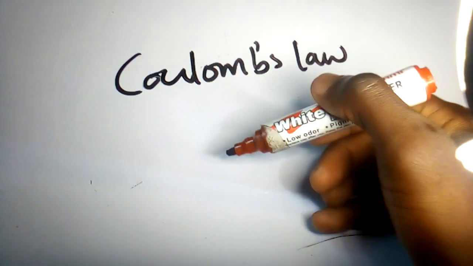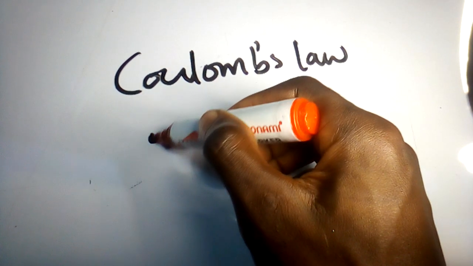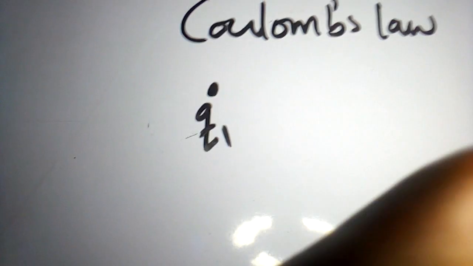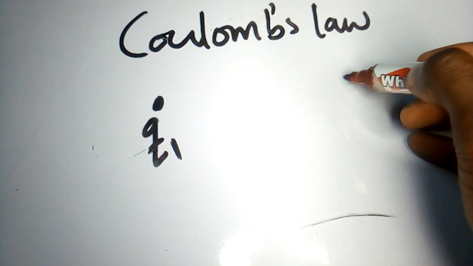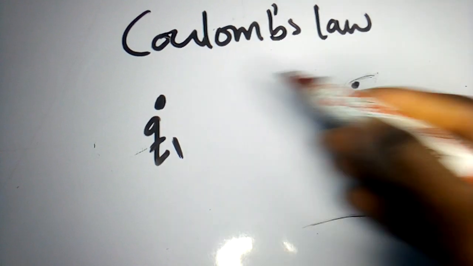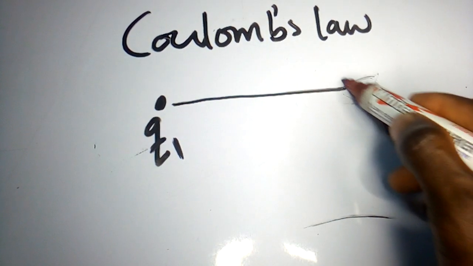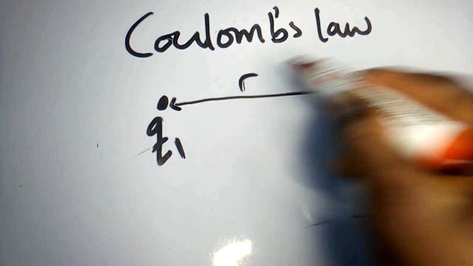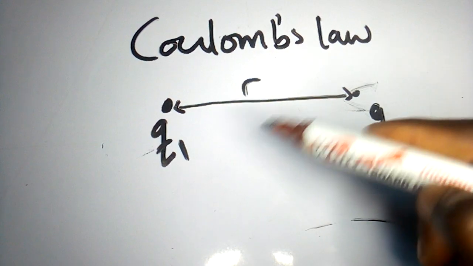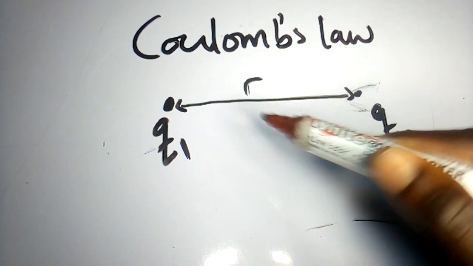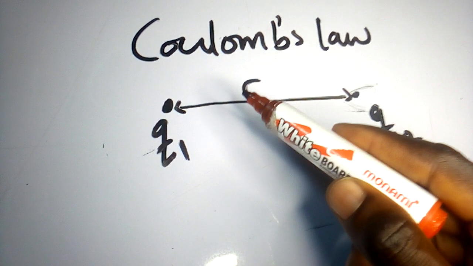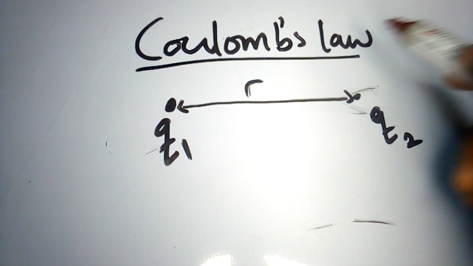Under Coulomb's law, if we have a charged body Q1 and a charged body Q2 at a certain distance apart, let's say the distance is r, there exists a force of attraction between them if they are opposite charges. If they are the same charges, there exists a force of repulsion between them. This force is accounted for by Coulomb's law of electrostatics.